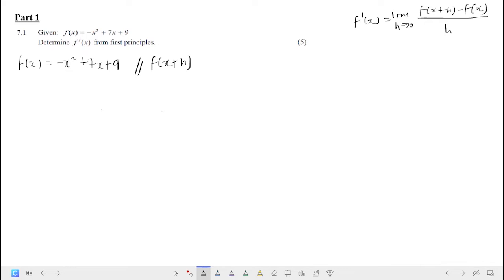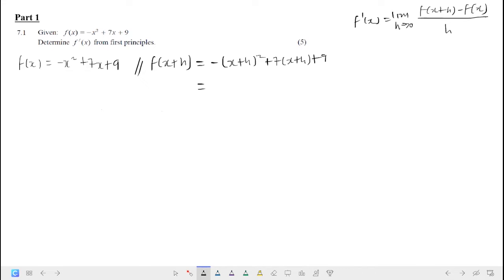Now, this f of x plus h comes from that. Now, f of x plus h from this equation is going to be minus x plus h all squared plus 7 into x plus h plus 9.